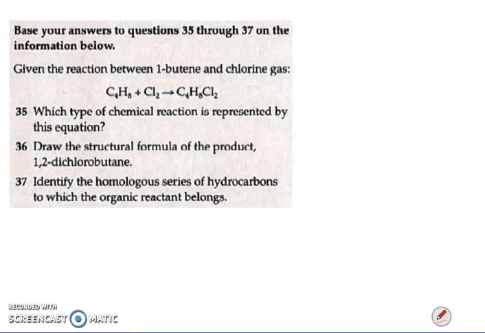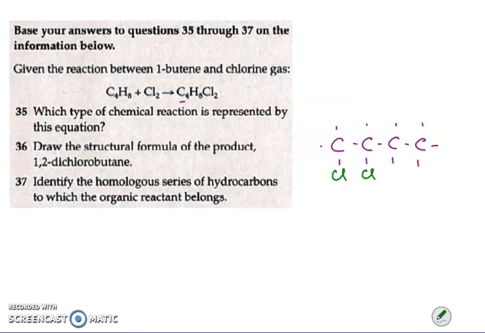Draw the structural formula of the product 1,2-dichlorobutane. That's going to be this thing here, 4 carbons. So we're going to do 1, 2, 3, 4. All right. It says 1,2-dichlorobutane. So it's all single bonds, but we're going to have the chlorine added on the first and second carbon. So we're going to have a chlorine there and the chlorine there.